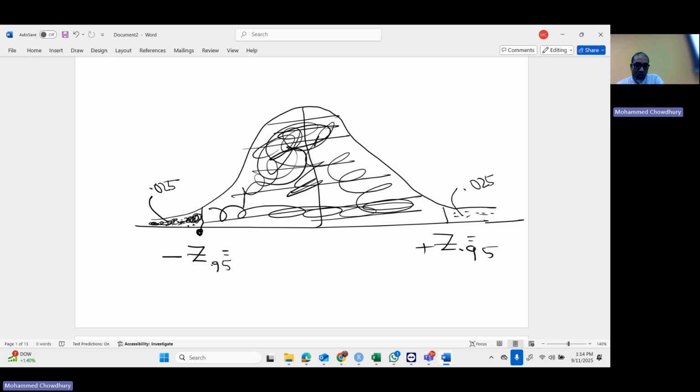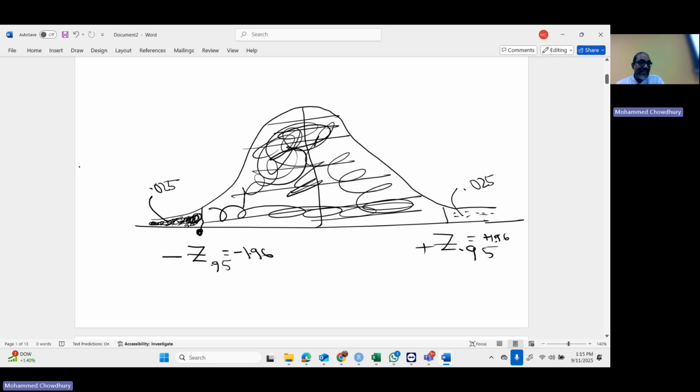Okay, please take a look at the board. In order to find 2.5% frequency, what will be the Z value? Z value is negative 1.9555, which is 1.96. Understand? Clear? Now, if you want to find this value by symmetry, you just put here positive 1.96. Okay?